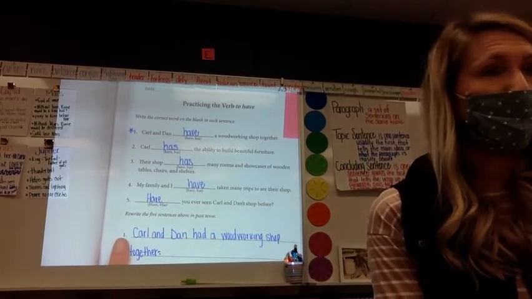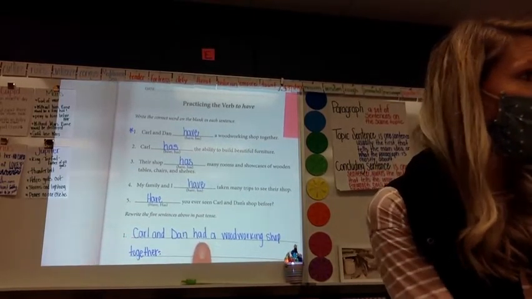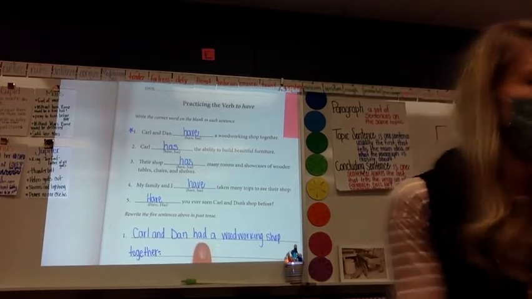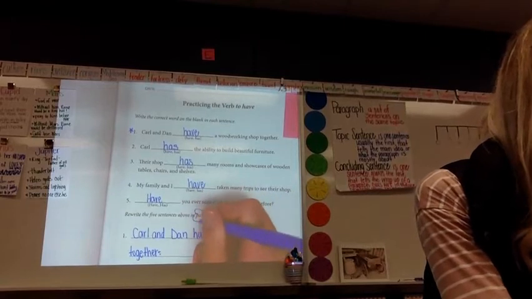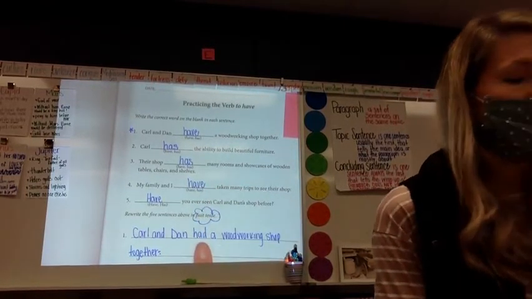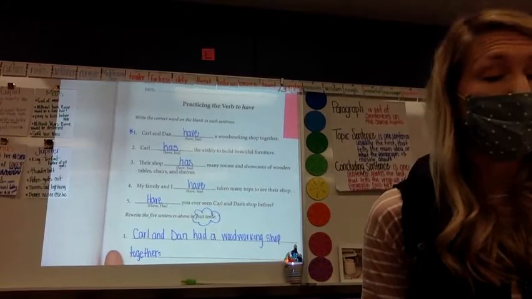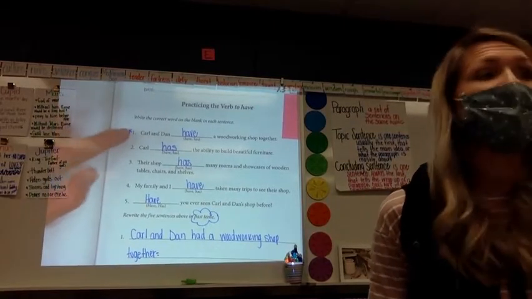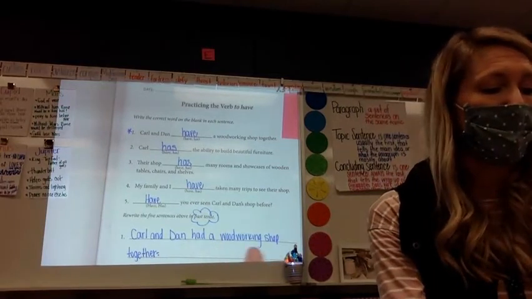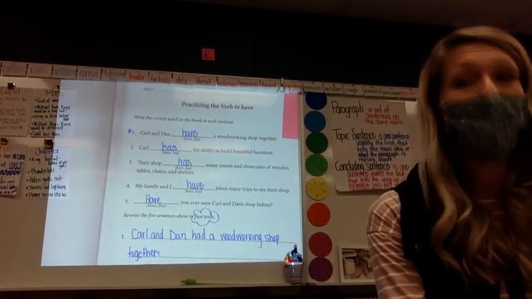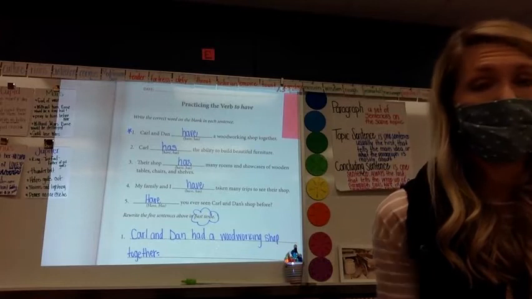I have capital letters. And I've done the correct form to make it past tense. We're making them past tense. So you're going to rewrite them. On the line next to number 1, you're going to copy that first sentence in past tense. Carl and Dan had a woodworking shop together. Go ahead and write it under your number 1.